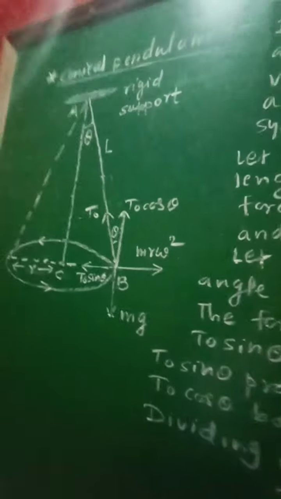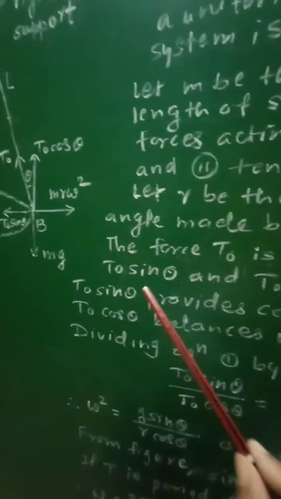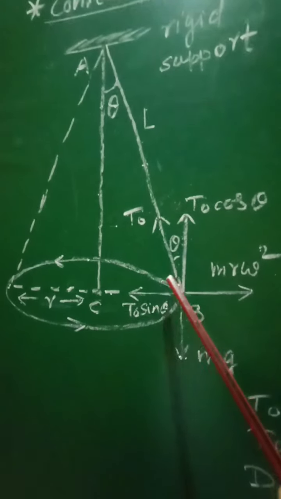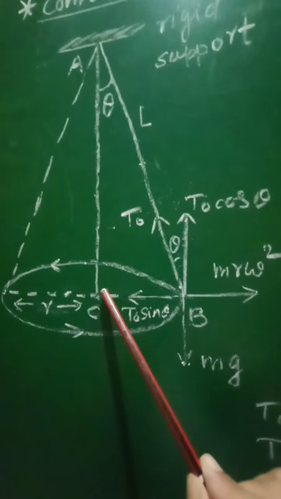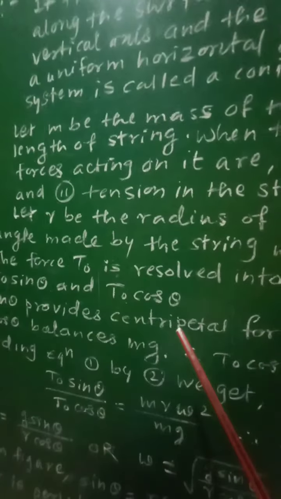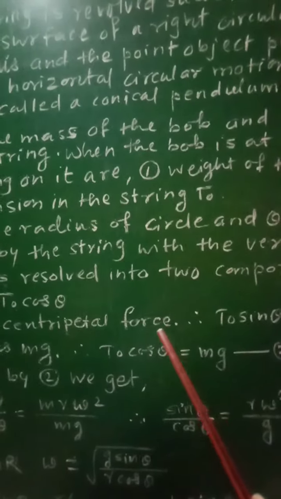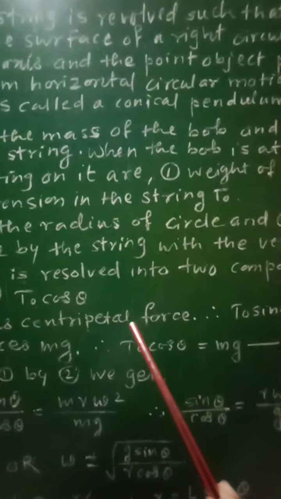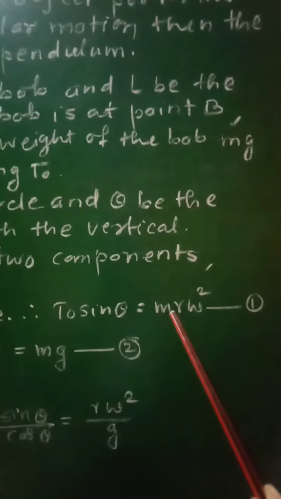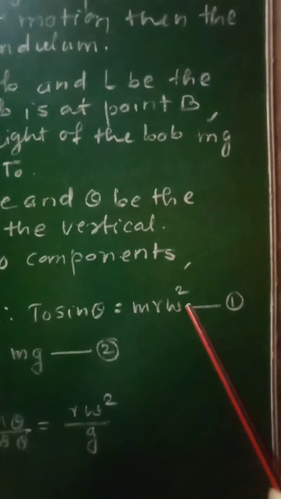Now T0 sin theta, which is directed along the radius and towards the center of the circular path, will provide the centripetal force for the circular motion of that bob, and therefore T0 sin theta equal to centripetal force, that is m r omega square, equation number 1.